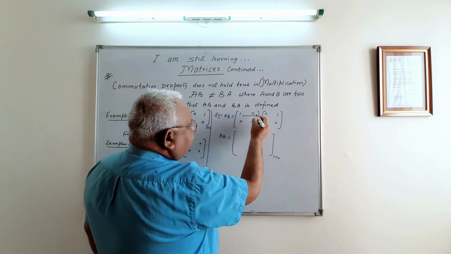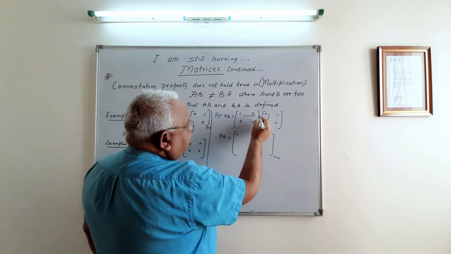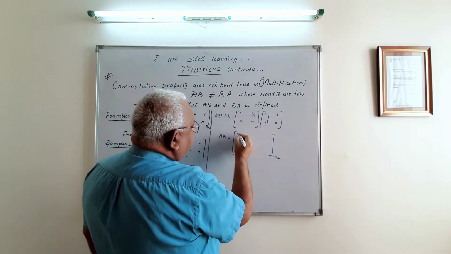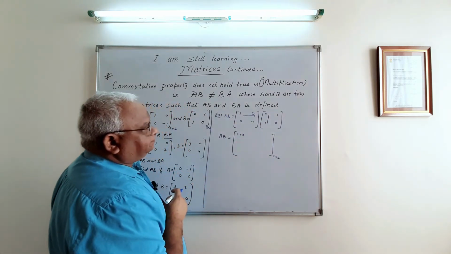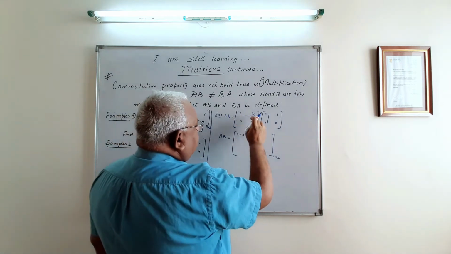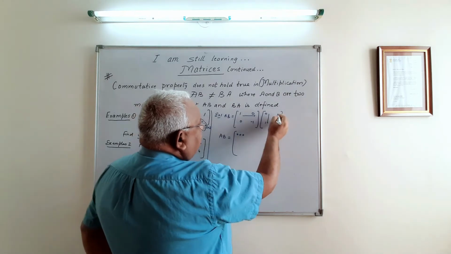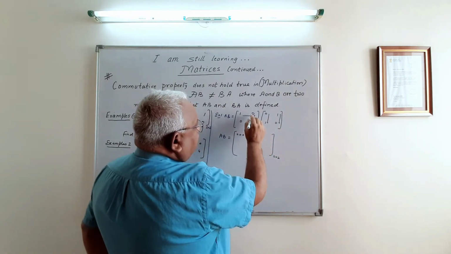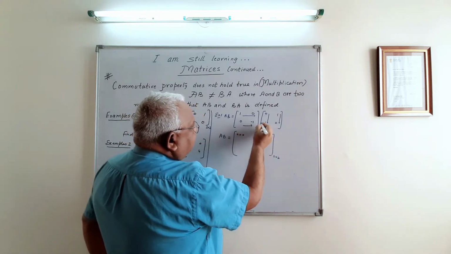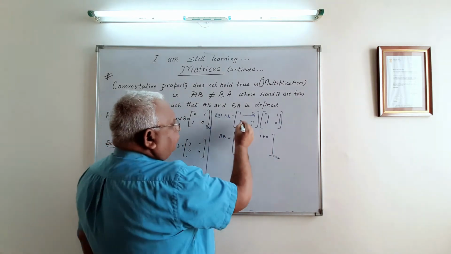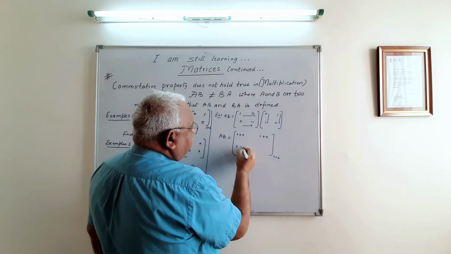First row with the first column: 1 into 0 is 0, plus 0 into 1 is 0. First row, second column: 1 into 1 is 1, plus 0 into 0 is 0. Second row, first column: 0 into 0 is 0, plus 1 into minus 1 is minus 1.